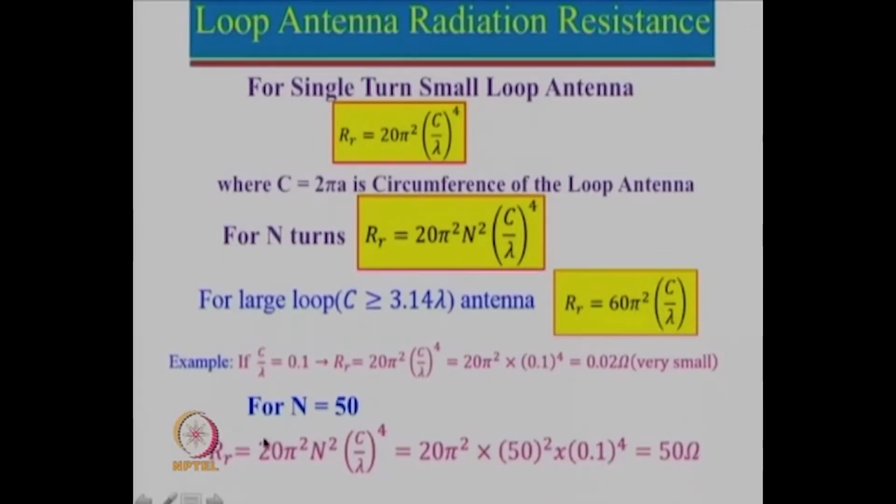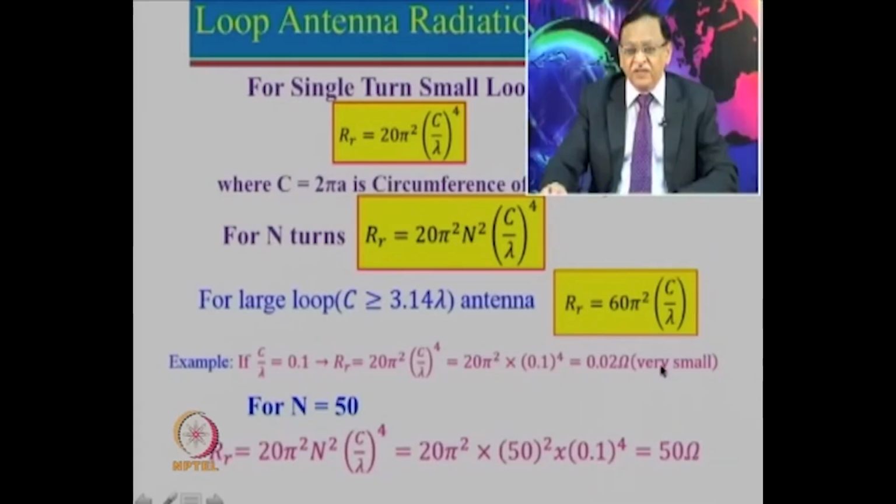So let us just take an example. Here the example we have taken is C by lambda is 0.1. If we now substitute this value over here, what we get is 0.02 ohm. Now you know that this is a very small impedance. If we try to feed this with a 50 ohm coaxial feed, it will result in a large mismatch, and most of the power will be reflected back, very little power will be transmitted.